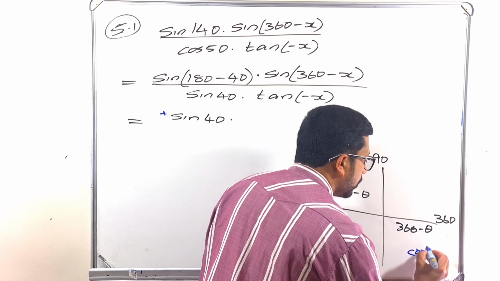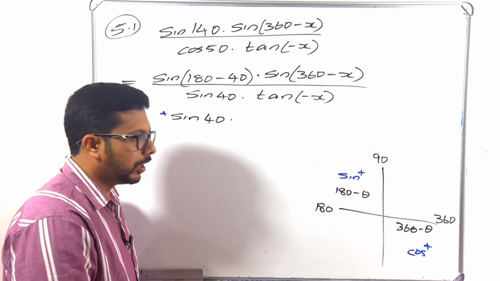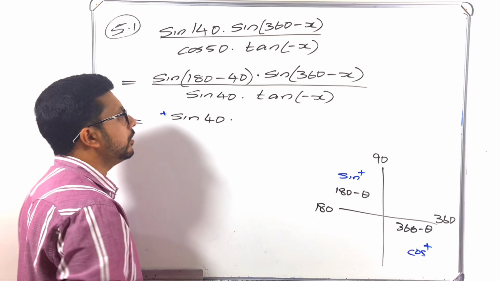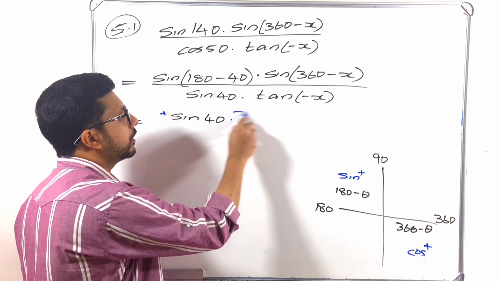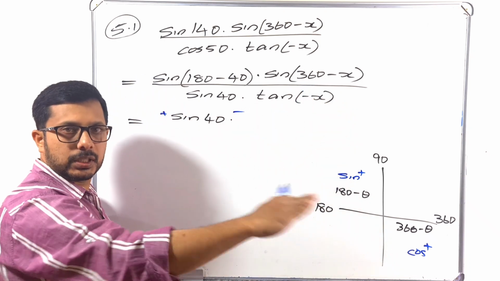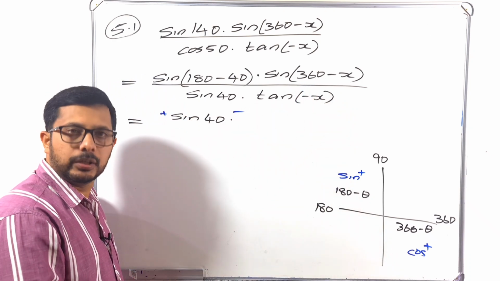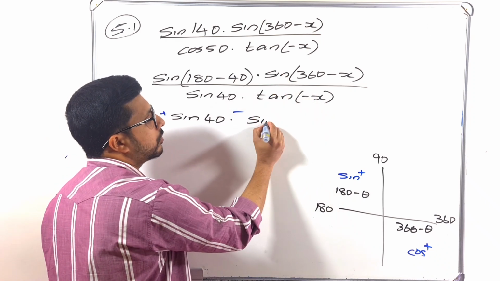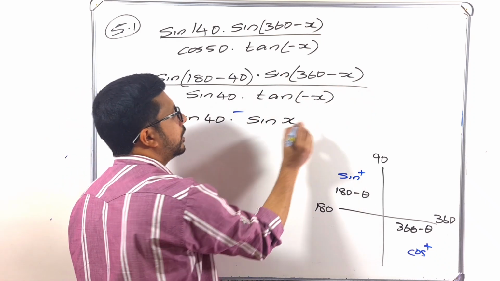Fourth quadrant, cos is positive. So here what? Sine. So it is negative. So here you have to write negative. Then if it is based on 180 or 360, no change in the trigonometry. So here the trigonometry is sine, then the angle is x.